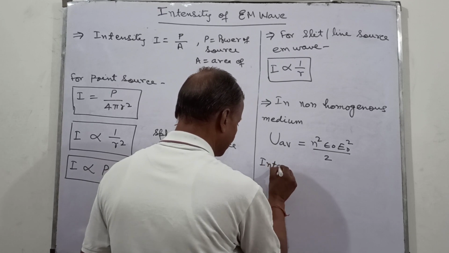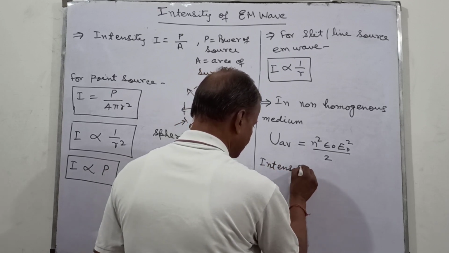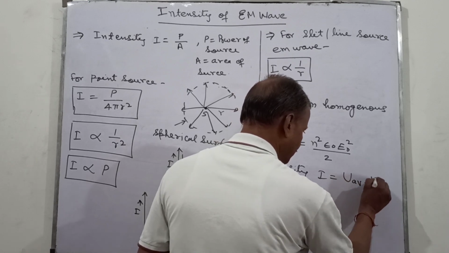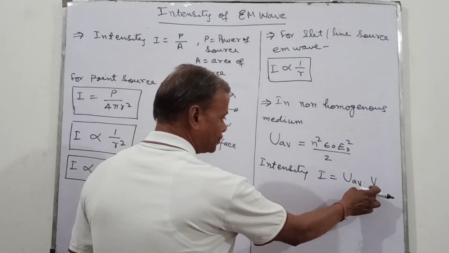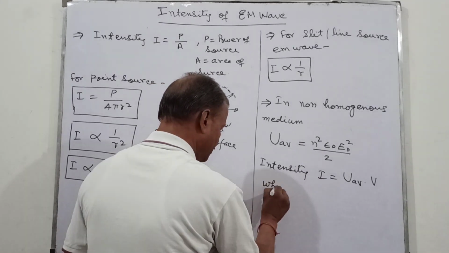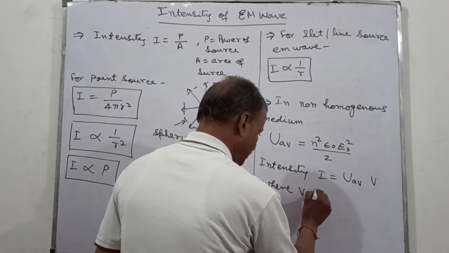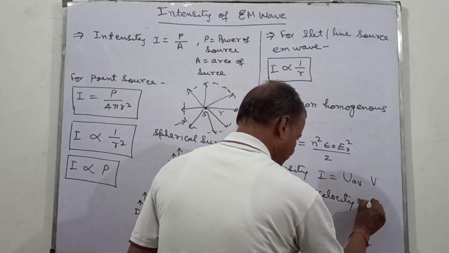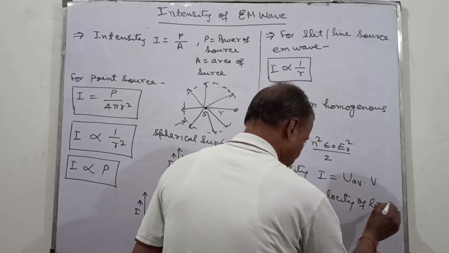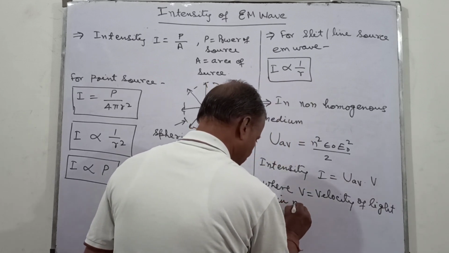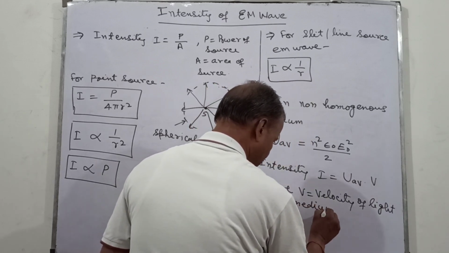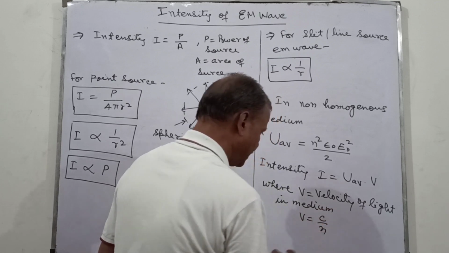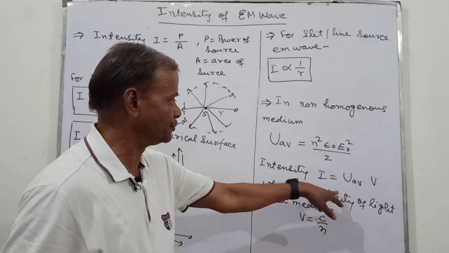Intensity I is equal to U average into V. This is now velocity, where V is the velocity of light in the medium. So this V is equal to C upon N.